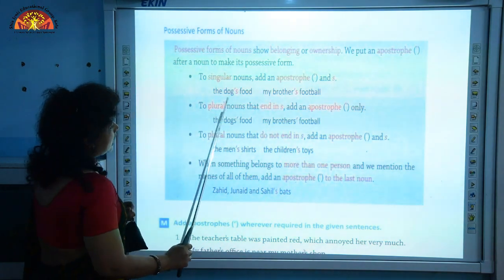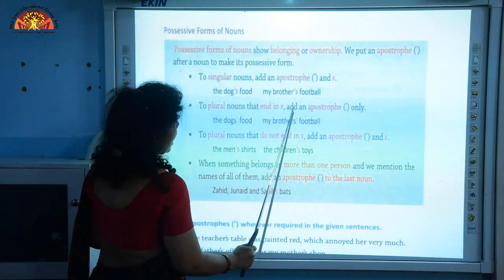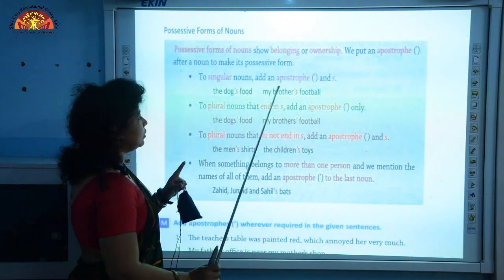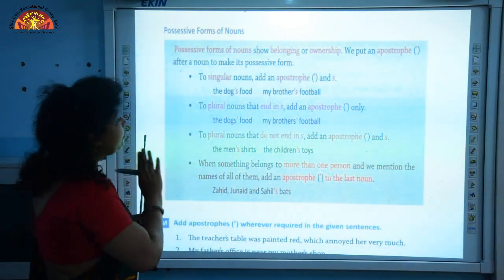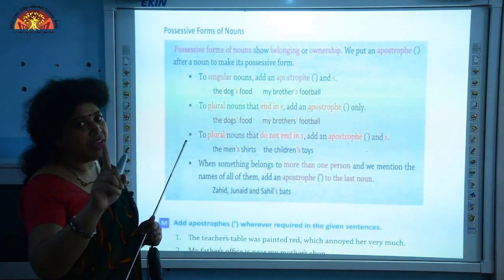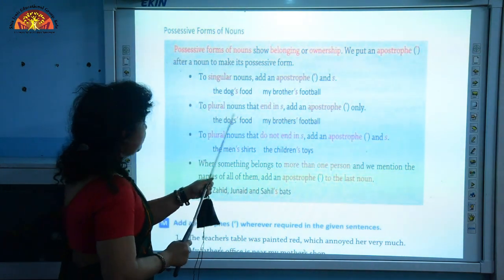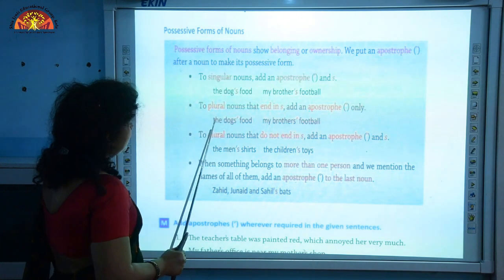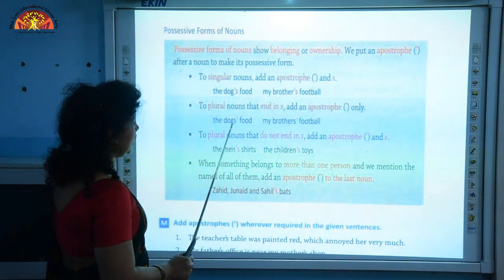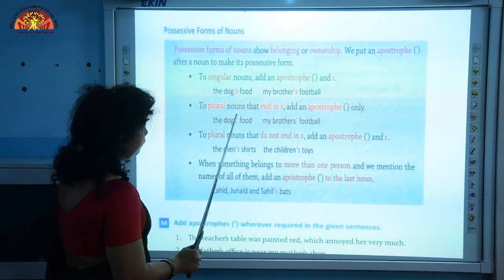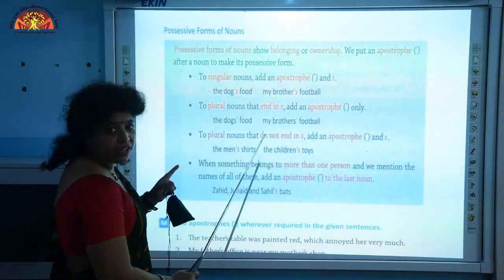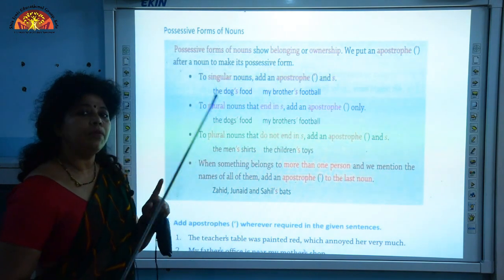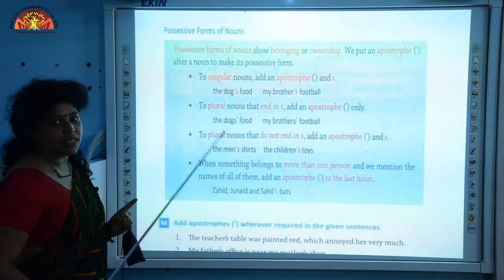To plural nouns that end in S, add only an apostrophe. We do not add an S after the apostrophe if it is a plural noun that ends in S.